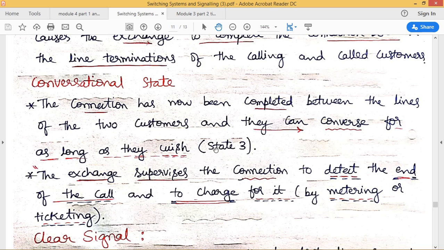Of course, during this conversation, the exchange will supervise the connection to detect the end of the call. The exchange must be able to detect the end of the call and to charge for it. So during that conversation, the exchange should make charging with the help of metering or by ticketing.